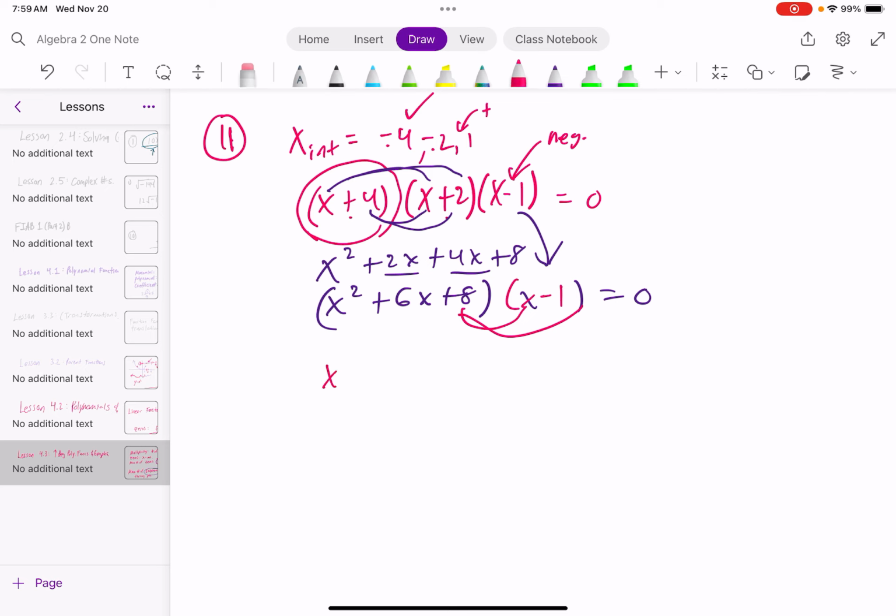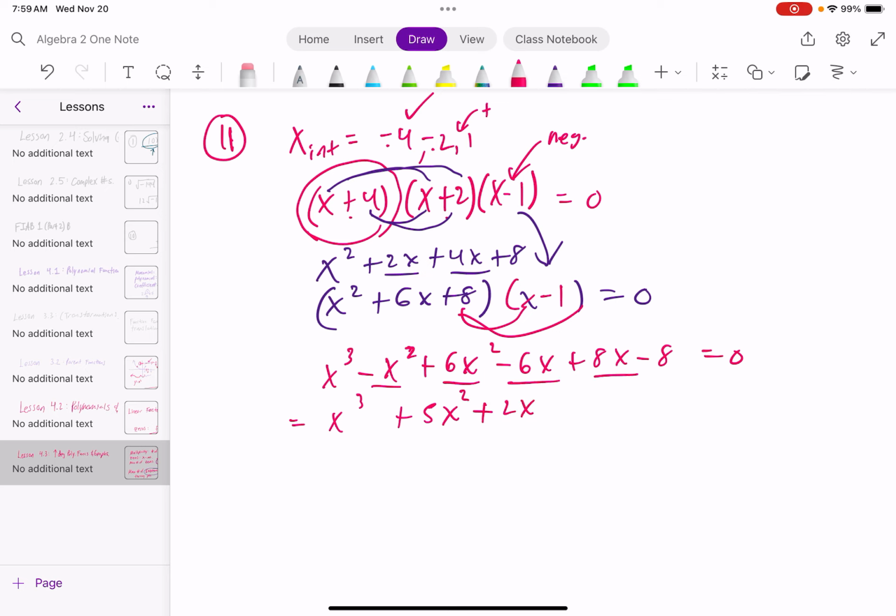So we have x cubed minus x squared, combine like terms. All right, let's see if that matches 3. So we got 15, 2, negative 8, 15, 2, negative 8. Yep.